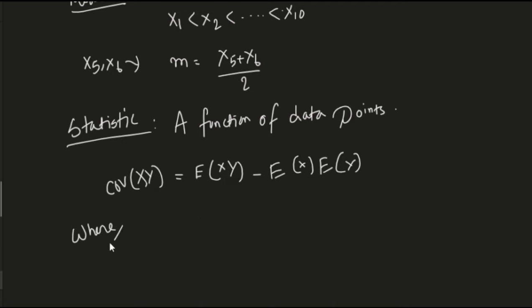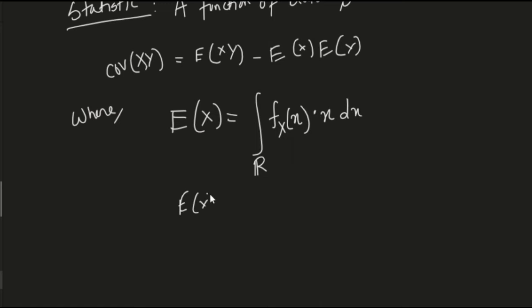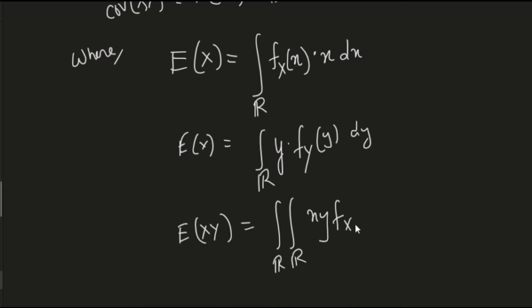Where E of Y is defined as integral over all R of y into f of y dy, and E of XY on the other hand is basically a double integral where f_XY(x, y) is the joint distribution of x and y.